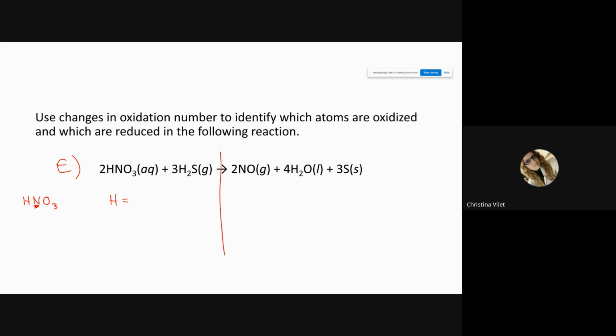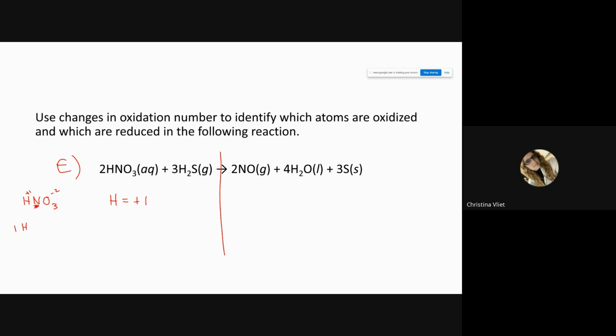So we should actually know that hydrogen is positive 1. And we should know that oxygen is -2, right? And so what would we be solving for here? For nitrogen. So you can either set up a little equation to do that, or you can do that intuitively, but you should be solving for nitrogen. So I'm going to go ahead and set up the equation.